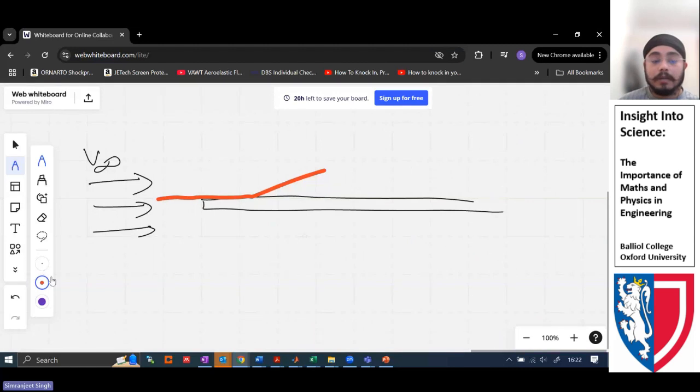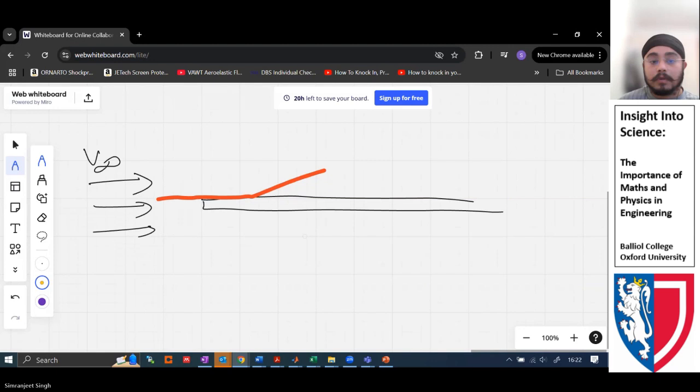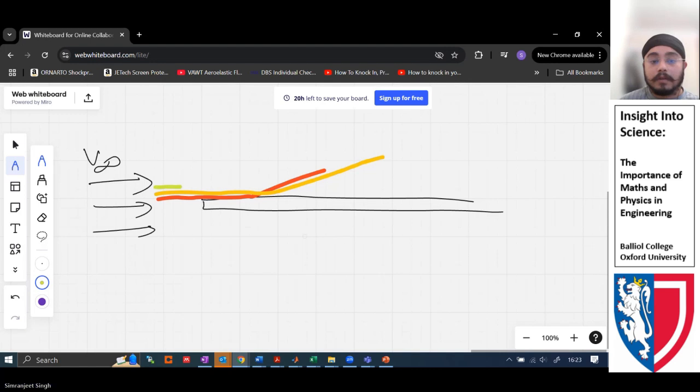The other layer, layer number 2, comes at the top, travels a little further up ahead, and separates. Layer number 3 simply comes across and then separates somewhere here.